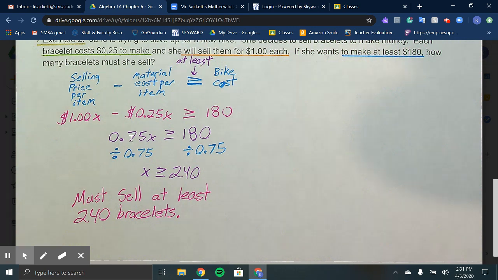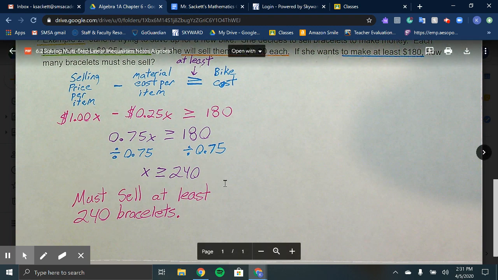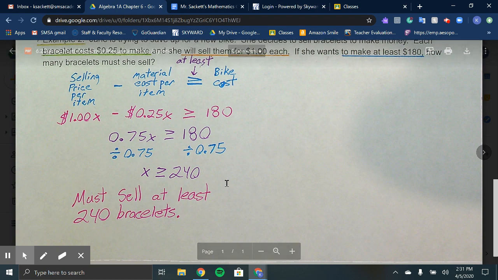Then to undo the multiplication, we need to divide both sides by 0.75. So in this case, x is greater than or equal to 240, meaning she must sell at least 240 bracelets to make the $180 or more to purchase the bike.